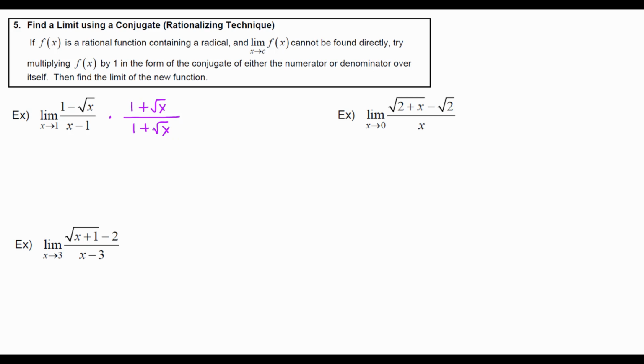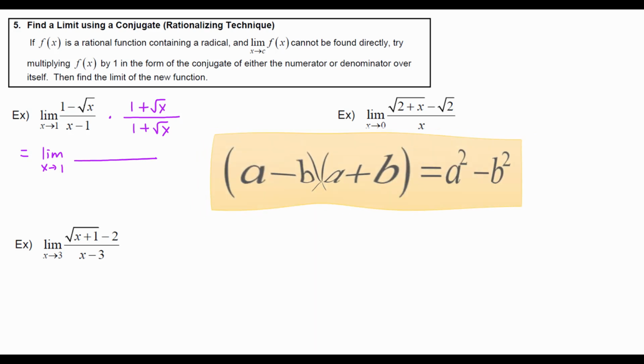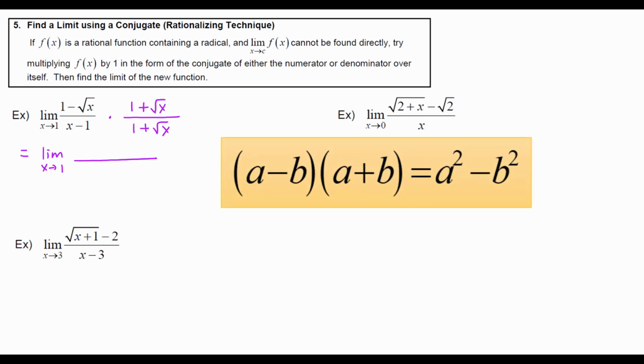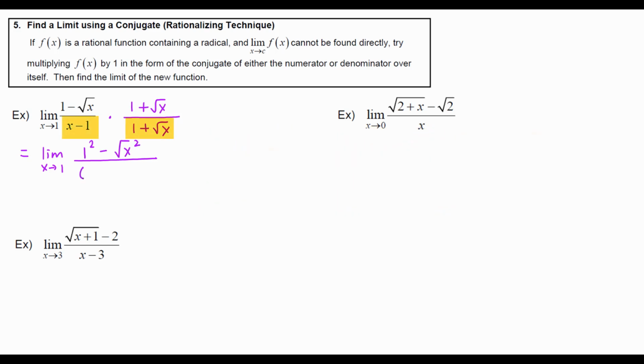However, by doing so, now my function will look like the limit as x approaches 1. A minus b times a plus b is a squared minus b squared. And I do have x minus 1 times 1 plus radical x in the denominator.